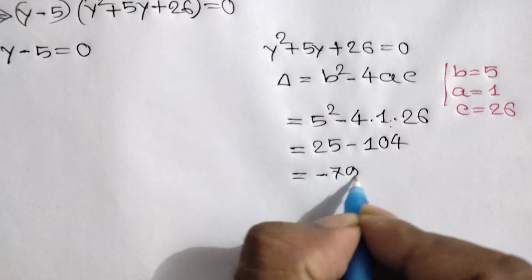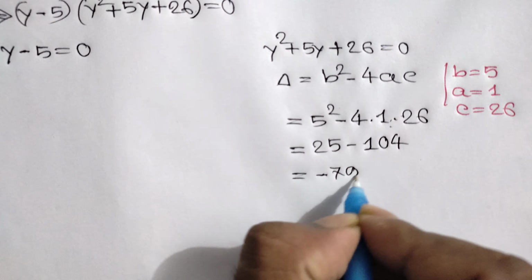Here the discriminant is a negative value, so there are no real solutions, so this is rejected. Then from here we have y minus 5 is equal to 0, or y is equal to, taking this negative 5 to the right side, we will get positive 5.